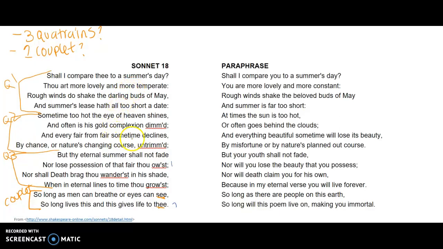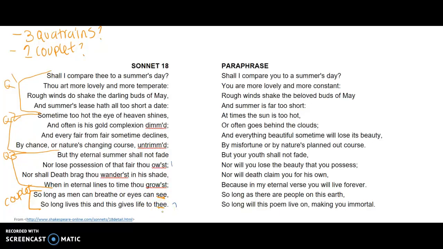This talks about how often nature loses its beauty. And this quatrain, the third one, talks about how, well, really, his love's beauty never changes, so he cannot compare her to nature. And the last couplet talks about how, through this poem, she will be immortalized as well as their love.